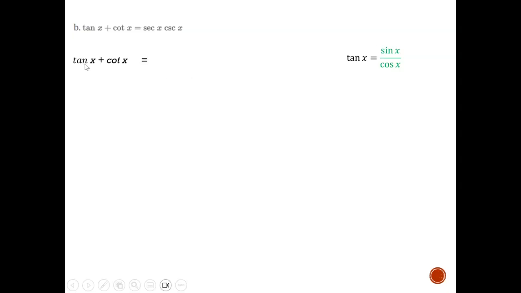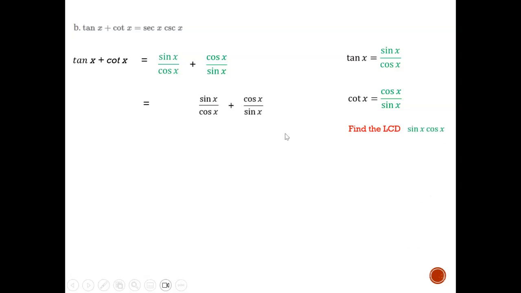So I'm going to replace tangent x with sine x over cosine x, and the cotangent is going to be cosine over sine, so I'm going to replace cotangent x with cosine x over sine x. Now, guys, I need to find the LCD. The LCD of sine x over cosine x and cosine x over sine x will be cosine x sine x. That's my LCD.